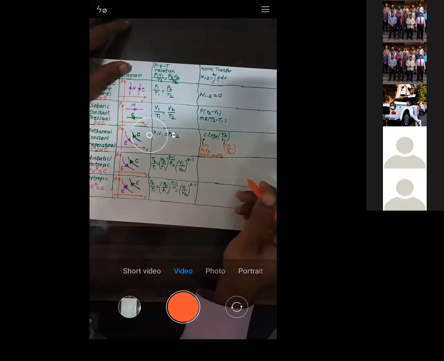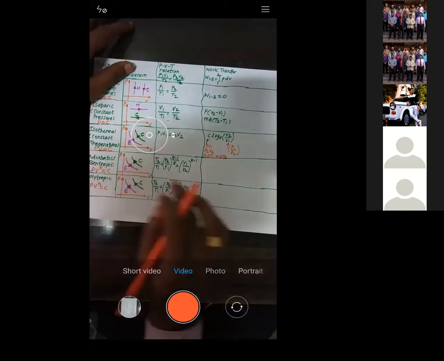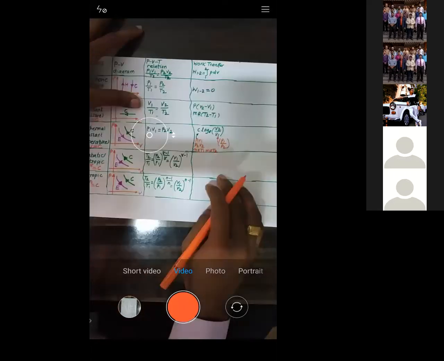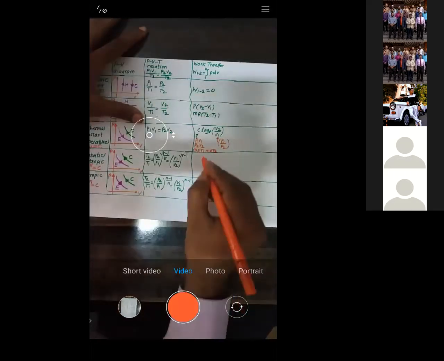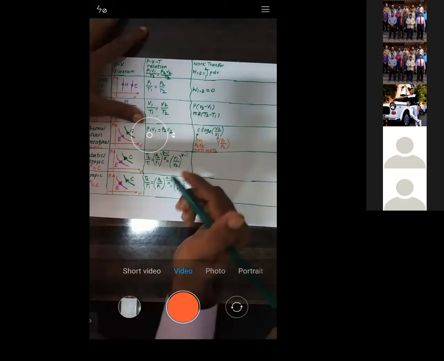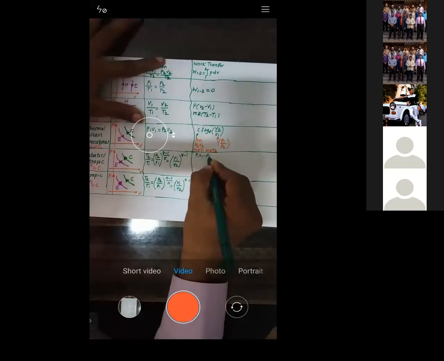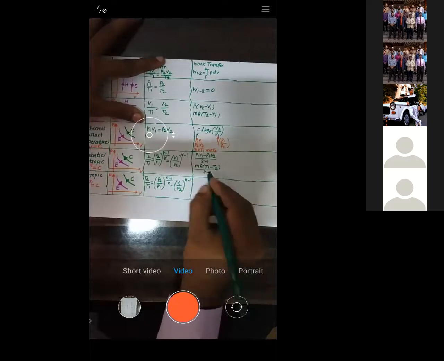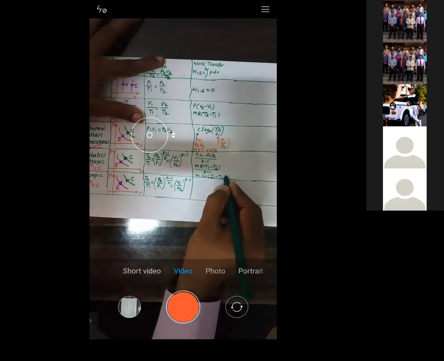Let's calculate for the adiabatic process. For the adiabatic process, work transfer is given by, as we have seen some time before, P1 V1 minus P2 V2 upon gamma minus 1, or MR (T1 minus T2) upon gamma minus 1, or MCV into (T1 minus T2).